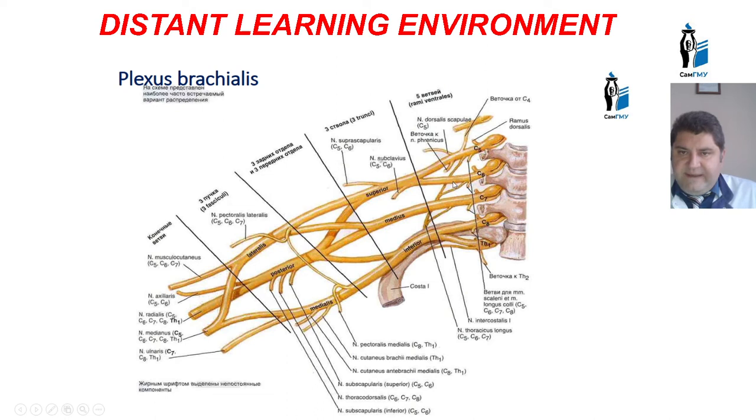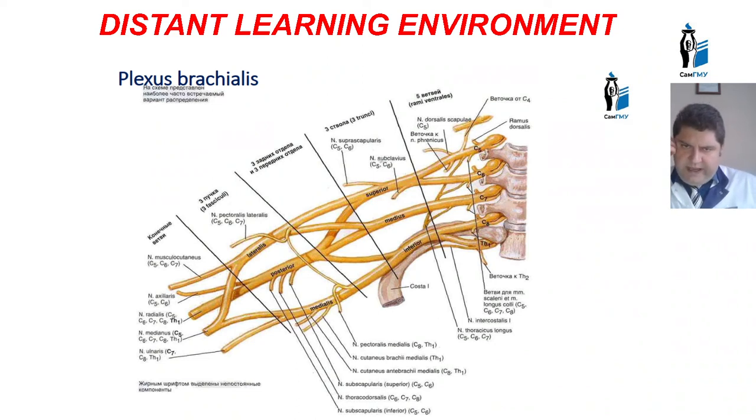Next, you may see the long thoracic nerve. It innervates the serratus anterior muscle at the lateral wall of the thorax, of the thoracic cavity.